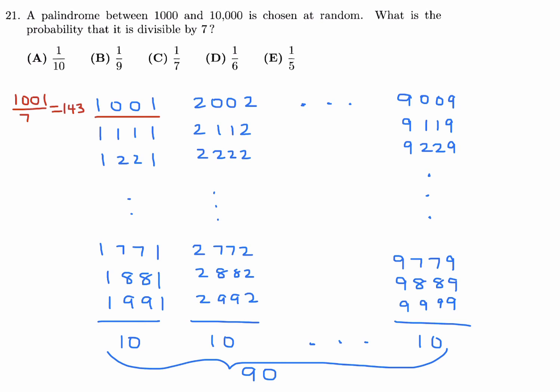And if you notice, every single one of these numbers is essentially of the form 1001 times some number a, plus 110n, because if you look at these numbers, they're always just adding 110. 1001 plus 110 is the next number, then you add 110, you get the next number, and so on. So every number is of this form.